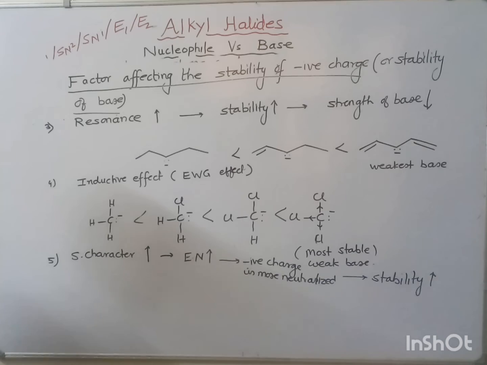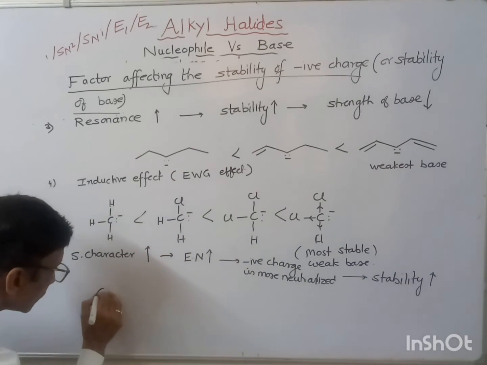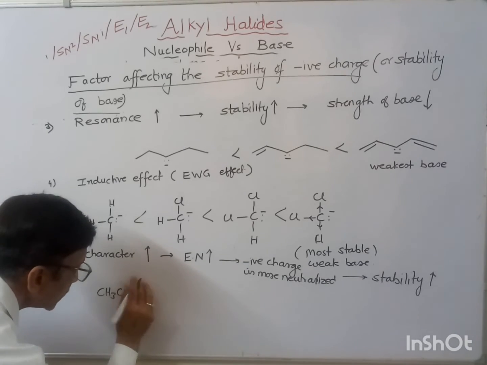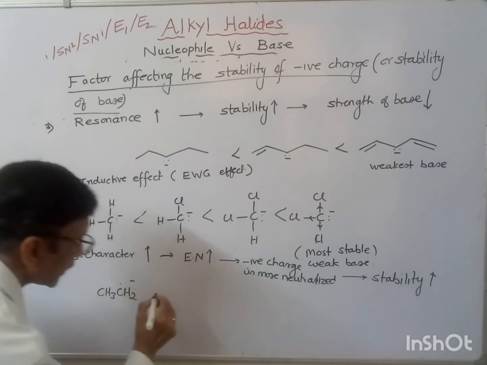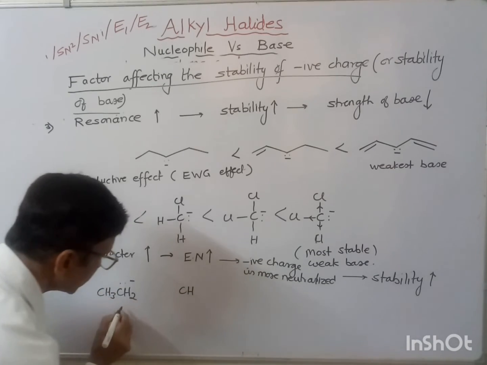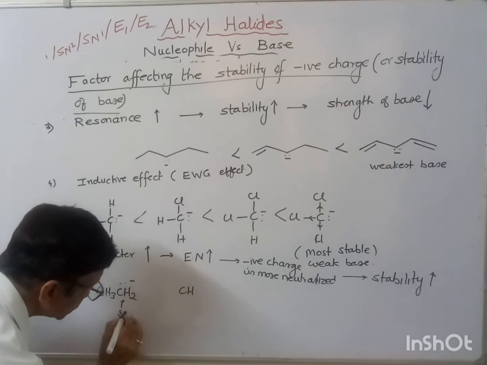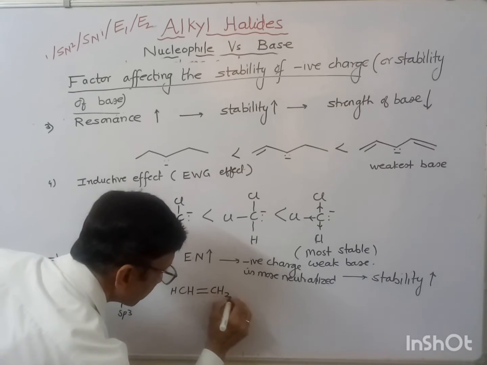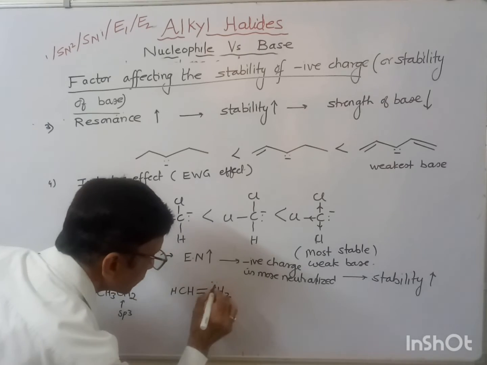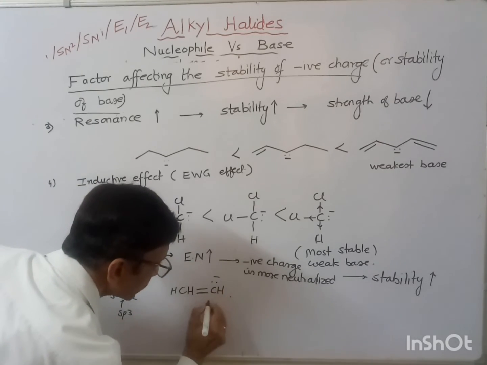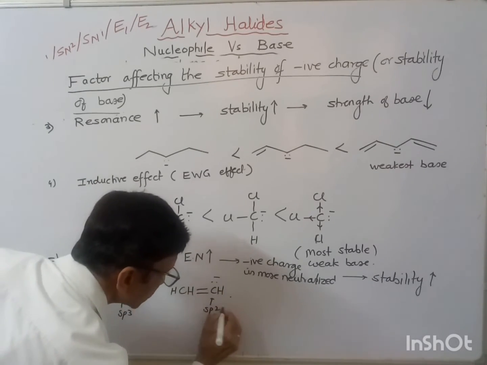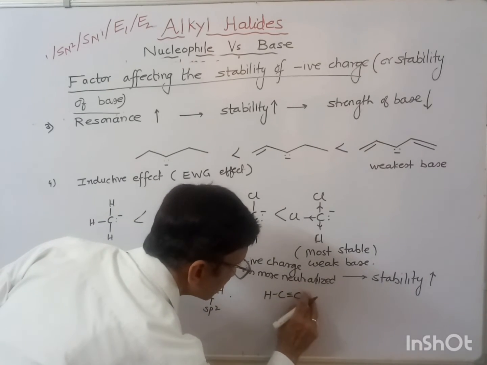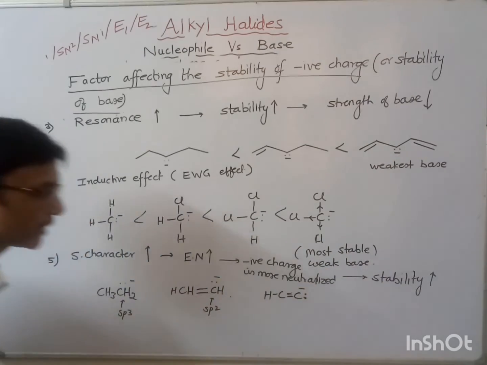For example, suppose I am taking 3 examples. Suppose I have ethyl anion, with this carbon being sp3 hybridized, then this carbon being sp2 hybridized, and this one sp hybridized.